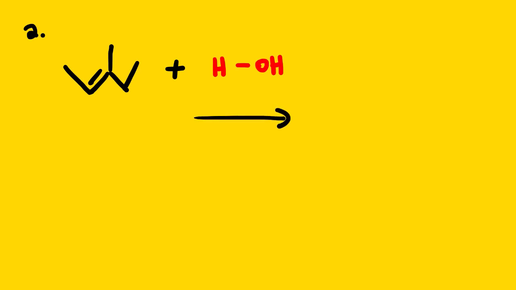Our second example, add it with H2O. We can write it like this, in the presence of sulfuric acid. So let us look at the carbons which are involved in the double bond.